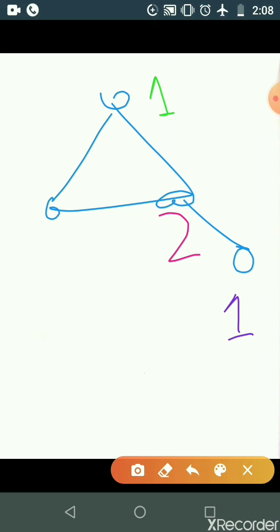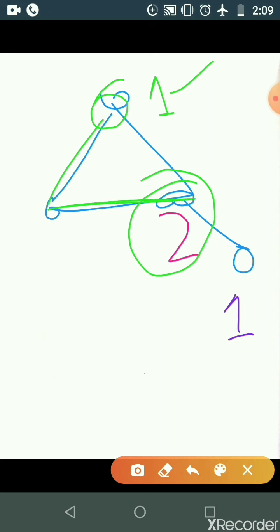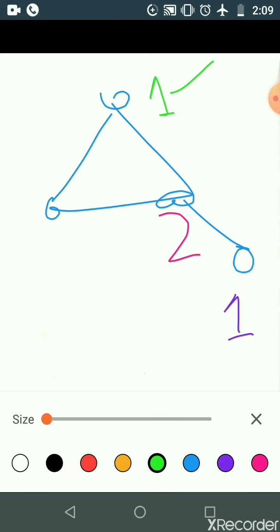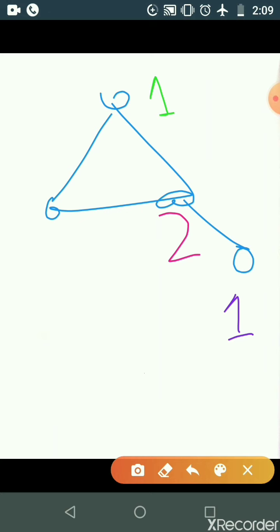Okay, so here the remaining vertex will be colored with the third color, because here we have used the first color on this one, which is adjacent to this vertex, and the second color is also adjacent with this vertex, that's why it will be the third color. 3 colors are used here.